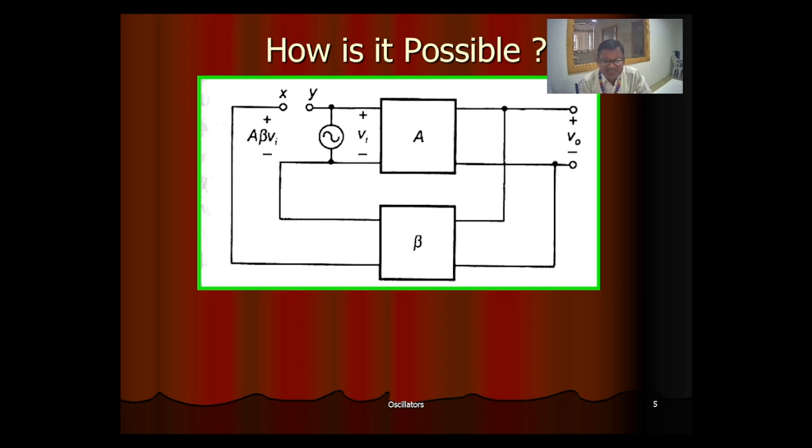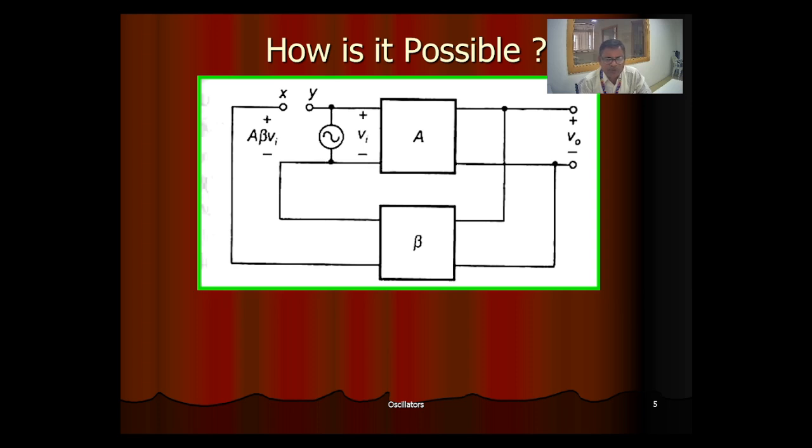See, this is one amplifier with gain A, and the output is V0. Here we have to apply some fraction of the output to the input circuit, that is called beta, the fraction of output fed to the input. If X and Y are connected, the output will be fed back to the input.